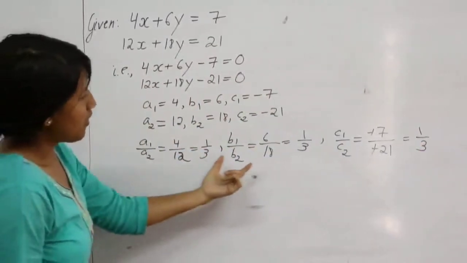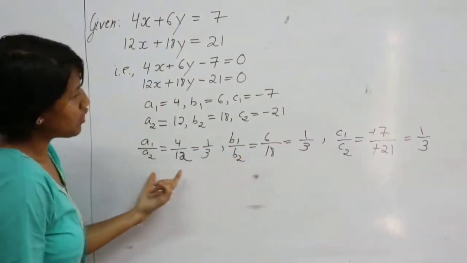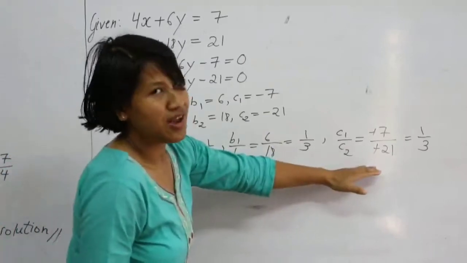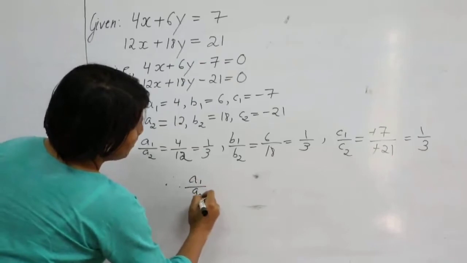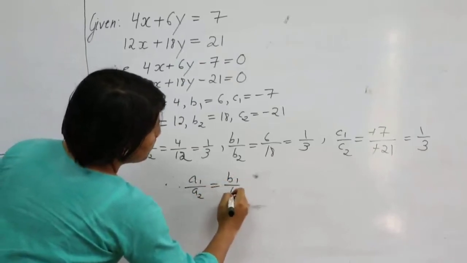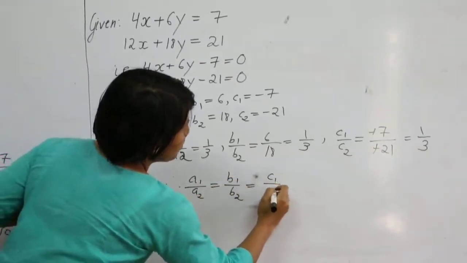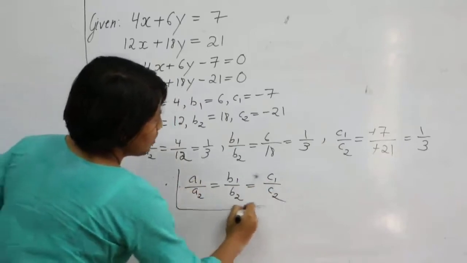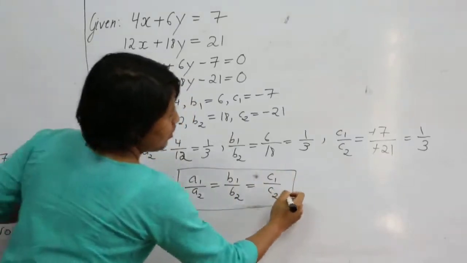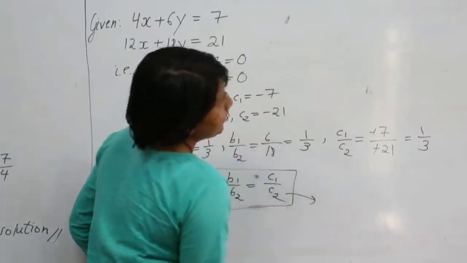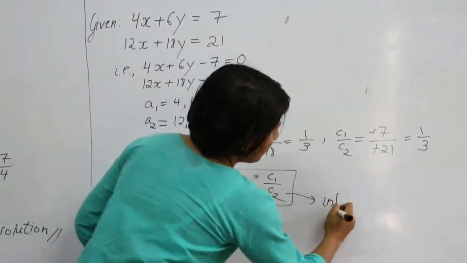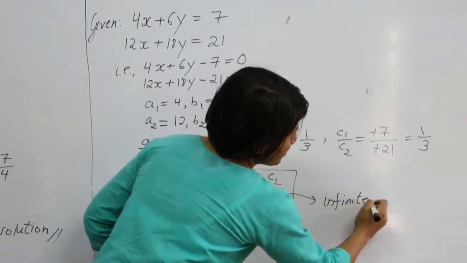So you compare this and this first, they are equal, and then with this also, they are equal. So therefore, a1 by a2 is equal to b1 by b2 is equal to c1 by c2. So according to the condition, it represents that they have infinitely many solutions.